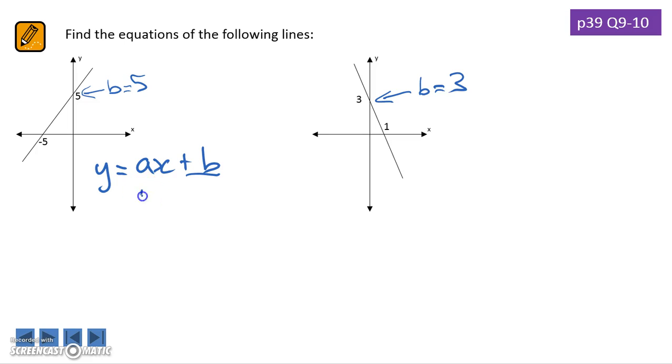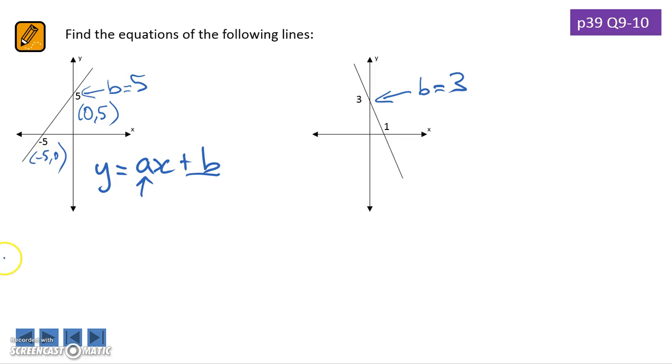But we don't have our gradient. You're going to have to work that out, okay? So you need to work out your rise over your run, okay? There's a couple of ways you could work out your gradient. You could remember that this is position (0, 5), and this is also at position (-5, 0), and using your gradient formula you could work out the gradient of the line.